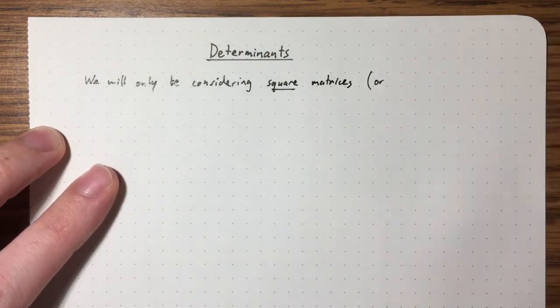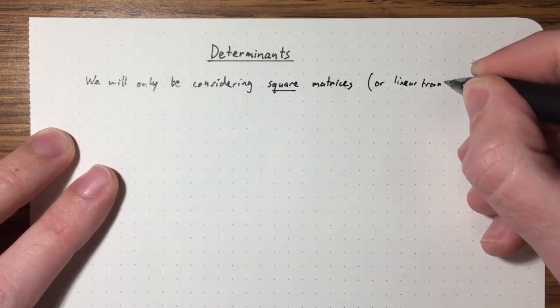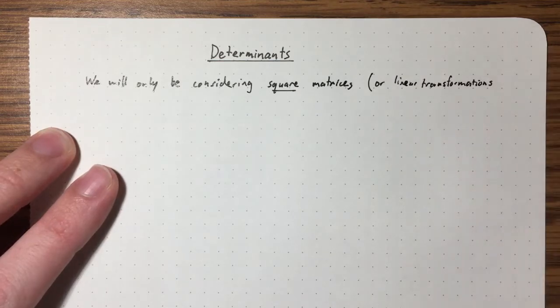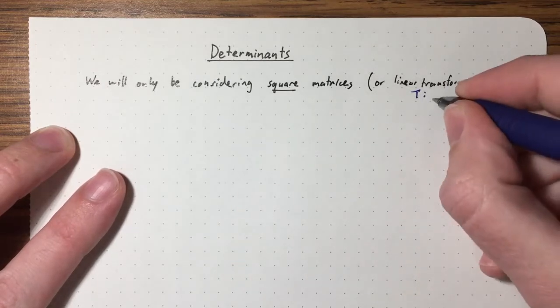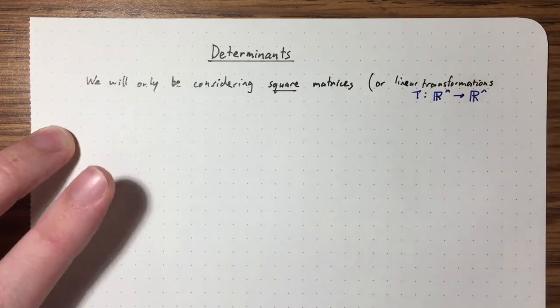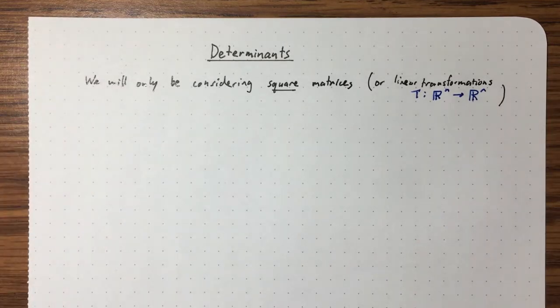Or linear transformations. What would our linear transformations look like that correspond to square matrices? Well, they'd go from Rn to Rn, right? The same space. Okay, so let's just keep that in mind.